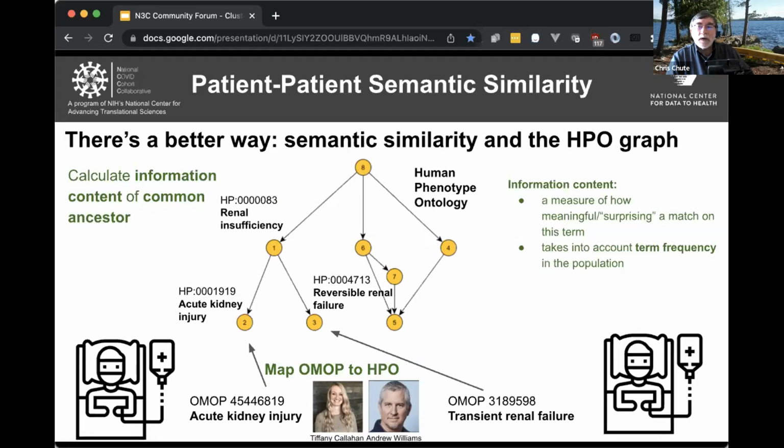For common diseases, how distorted or biased or malleable might this notion of the most informative common ancestor be for less well curated common diseases in HPO, which would impact the information content metric that you generate?